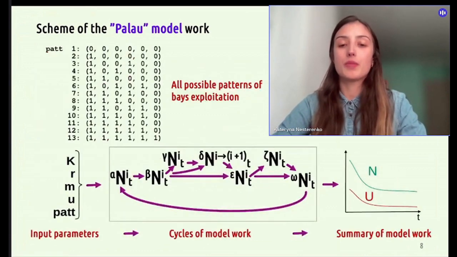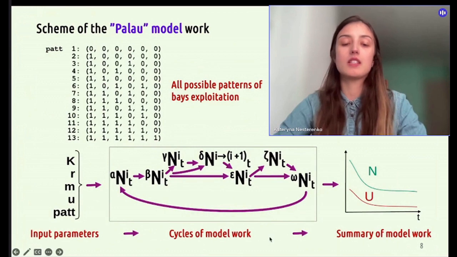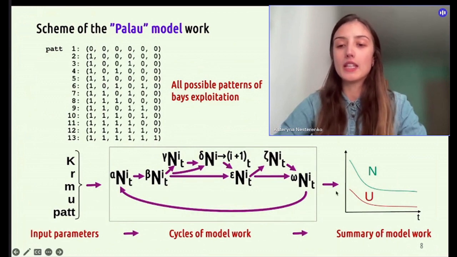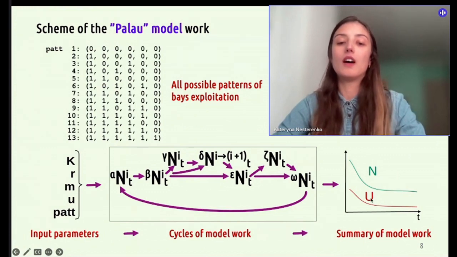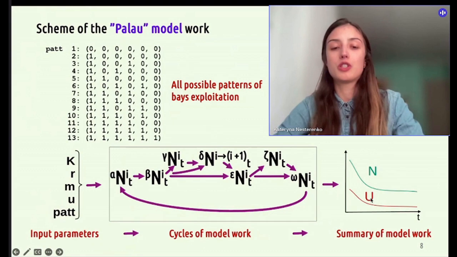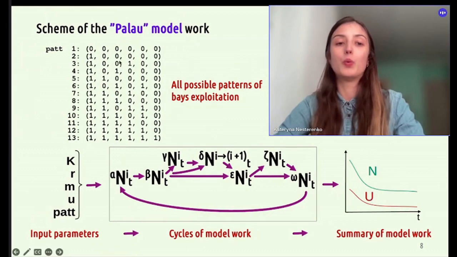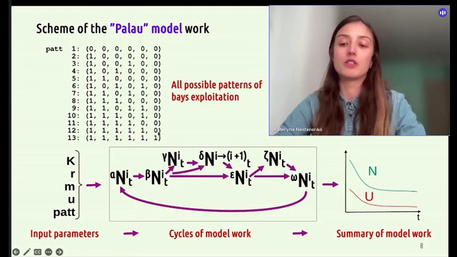We see certain parameters at the input. Next, this cycle is recalculated many times, and at the output we get the dynamics of both the number of fish in general and the catch. Next, we can see which input parameters for which of these patterns can ensure a stable catch for a long time.